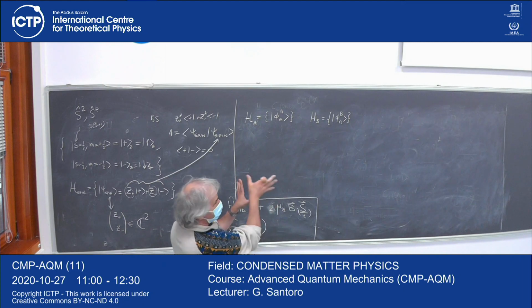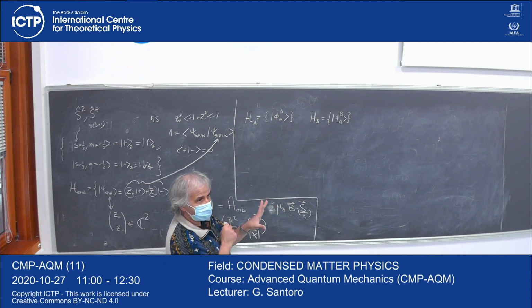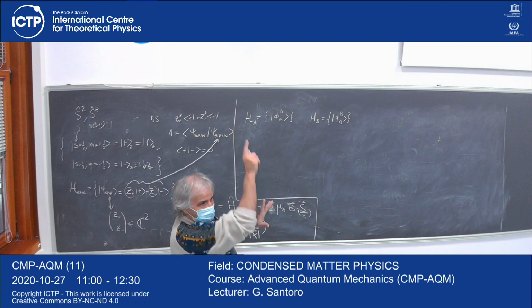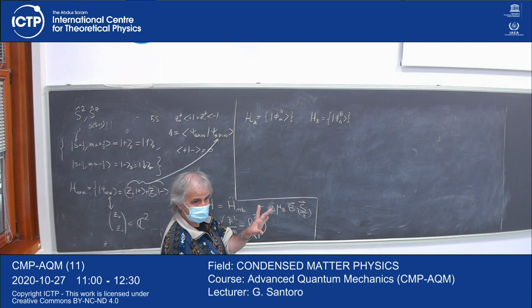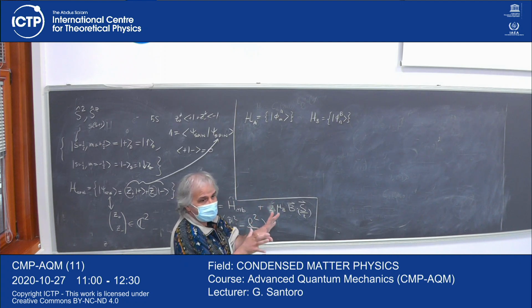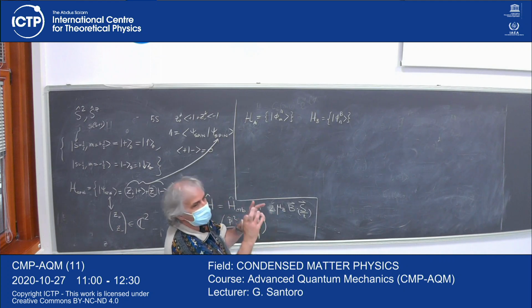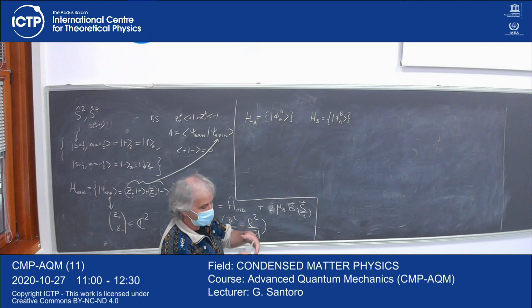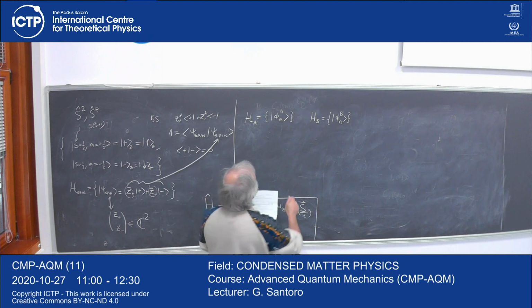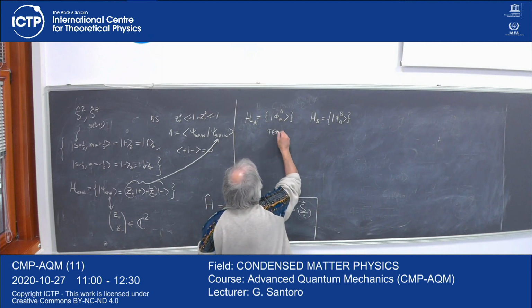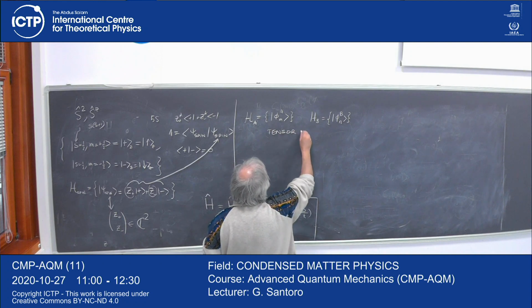A could be the x part of the coordinate, and B could be the y part of the coordinate. These are two Hilbert spaces associated to functions of x and functions of y. I want to glue them together to make what is called the tensor product. So the tensor product is defined in the following way.